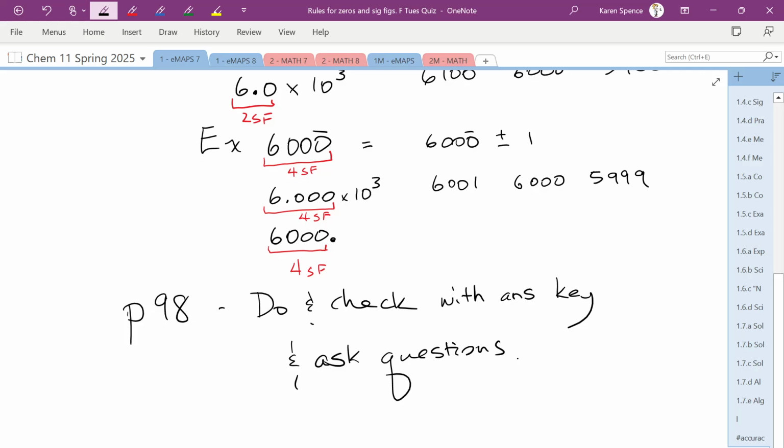Okay, so like this one, zeros on the right. Oh, yeah. So is that one 6? Okay. Yeah, exactly.